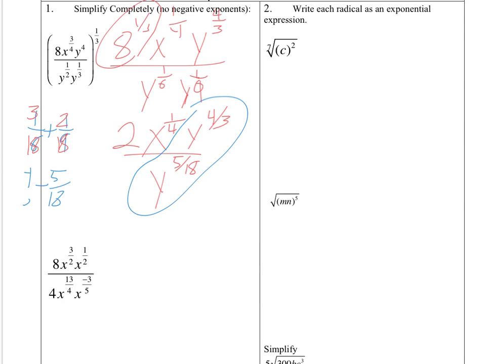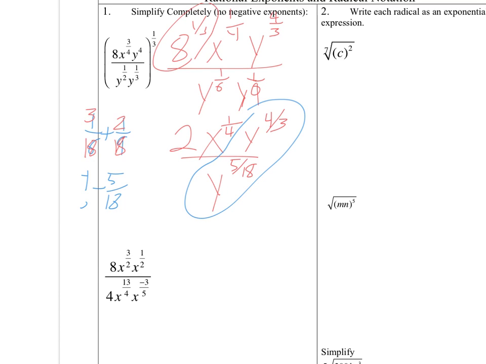And we're looking at a common denominator of 18 again. 4/3 is going to be the same as 24/18. If I subtract, that gives me 19/18. So 2x to the 1/4, y to the 19/18.